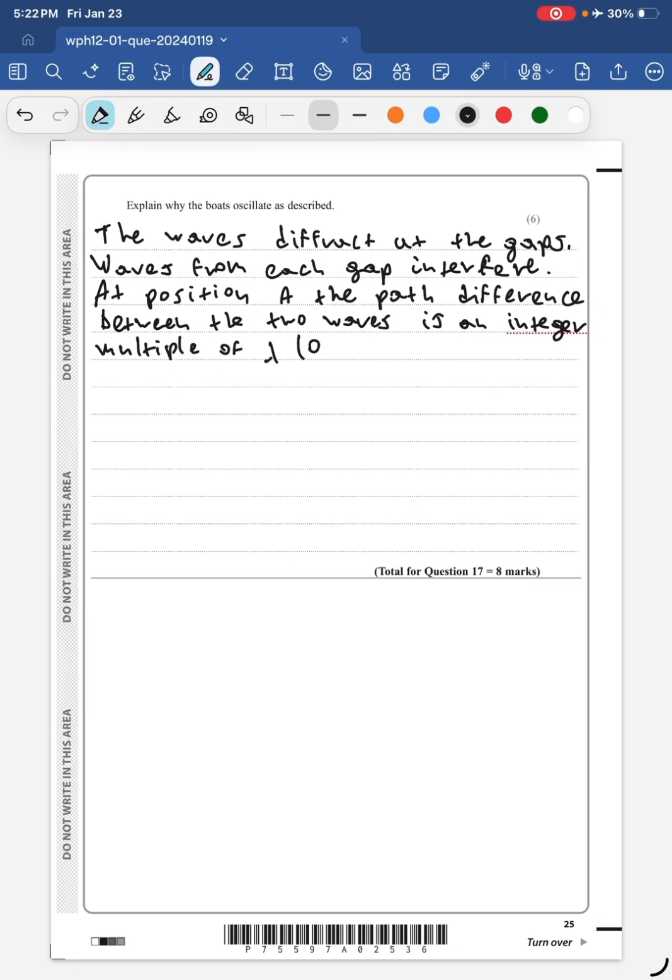Okay, so 0, 1 lambda, 2 lambda, and so on.